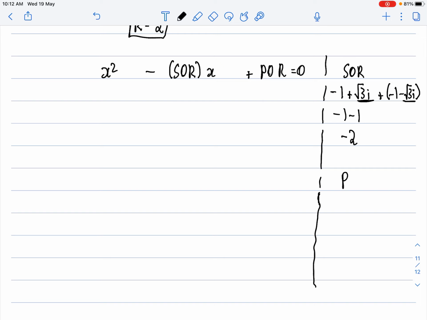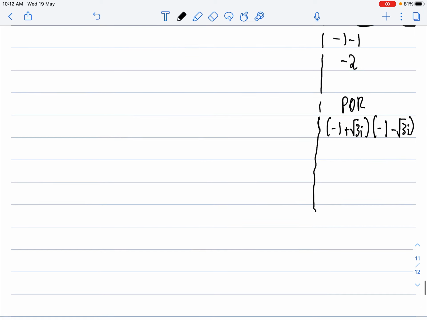Now I can calculate my product of roots, which is basically minus 1 plus root 3i multiplied by minus 1 minus root 3i. If you see here, this is basically a plus b into a minus b, which can be written as a square minus b square.